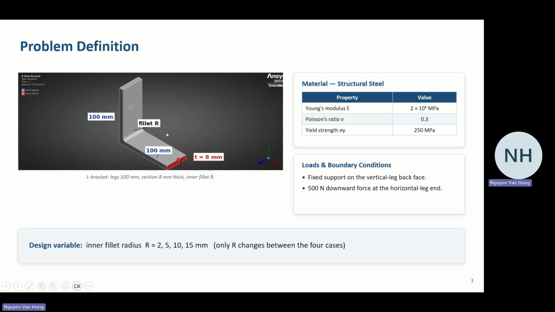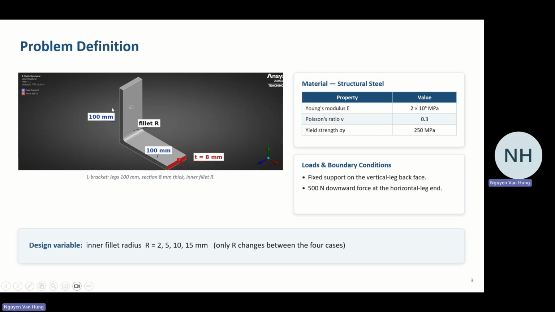And here's the model. It is an L bracket. Both legs are 100 millimeters long and the section is 8 millimeters thick. The material is structural steel. Young's modulus is 200 gigapascals, Poisson's ratio is 0.3, and the yield strength is 250 megapascals, which I use later for the factor of safety.